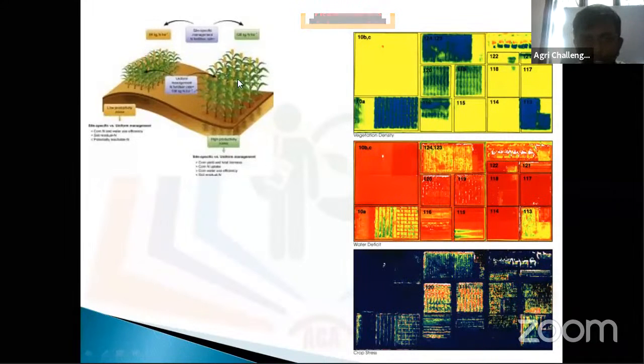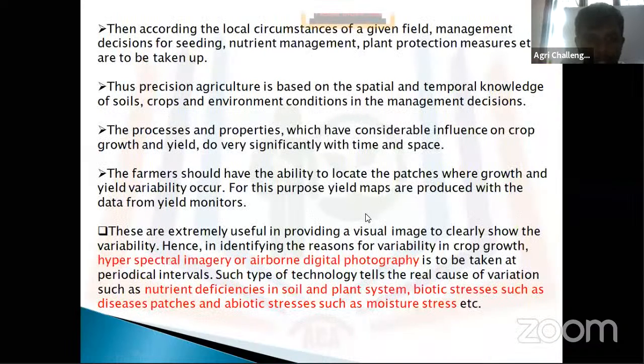In this area I am applying 18 kg only. This is less deficient, this is highly deficient. This is precision farming. Precision farming is nothing but site specific, location specific farming. It indicates that within a particular field there is a variation of requirement and variation of availability, so we have to apply based on their requirement.